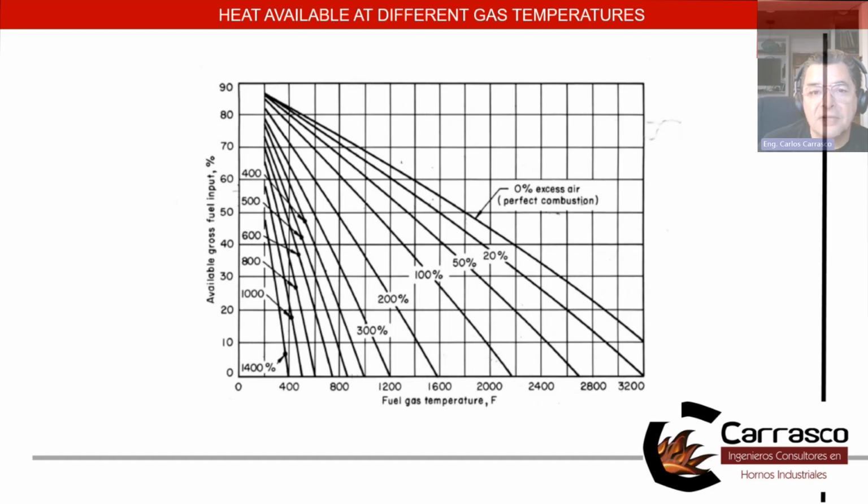I need a lot of heat, and a lot of heat is lost during the process because if the flue gases are high in temperature and I have to add excess air, these kinds of furnaces are very inefficient.